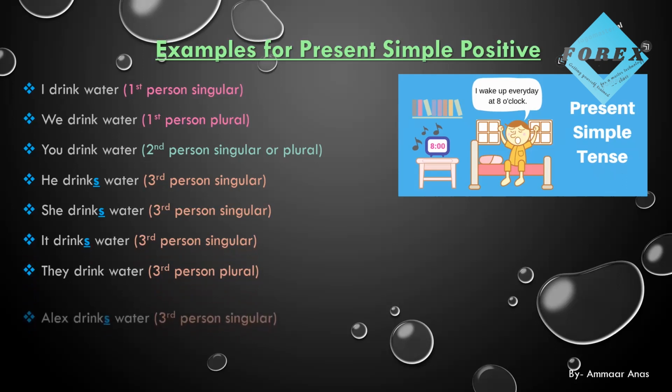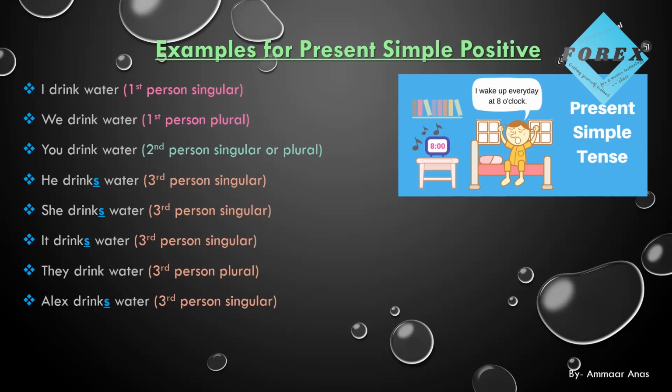And then we have a sentence like Alex drinks water. You may wonder why we added s over here, and which category Alex belongs to. Yes, Alex belongs to the he category because it is the third person singular. We can say Alex, come here, or you can say to a person, he is drinking water.